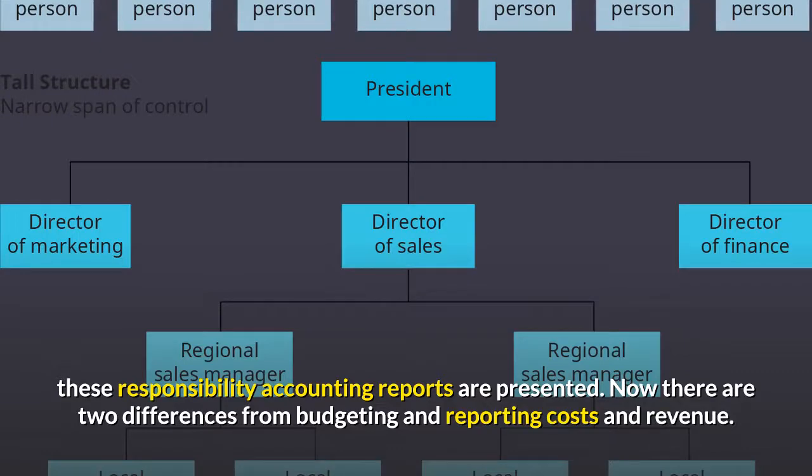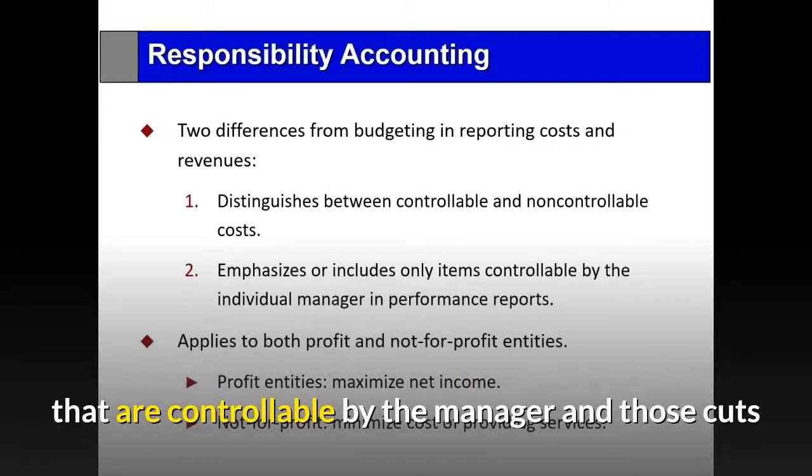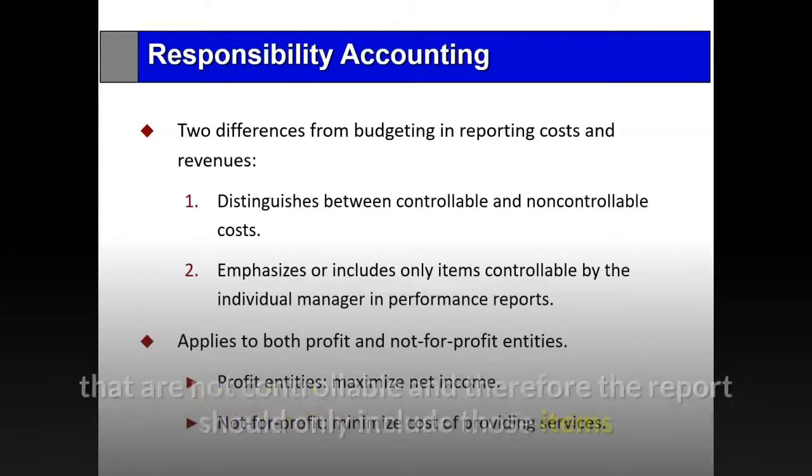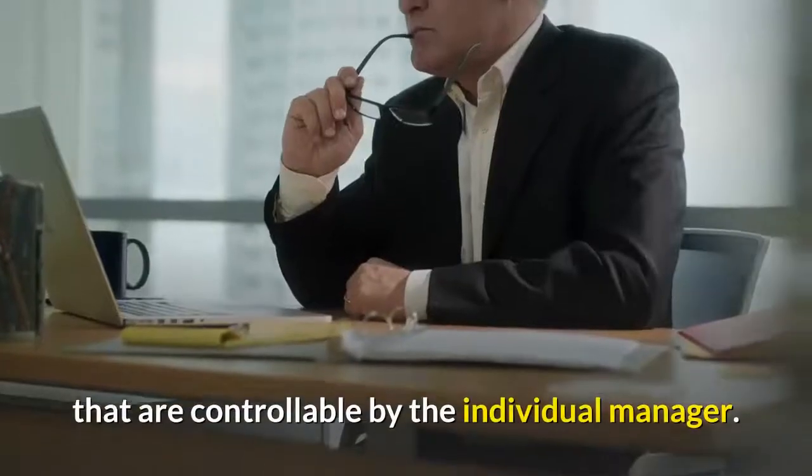Now, there are 2 differences from budgeting and reporting costs and revenue. First of all, with the costs, we have to distinguish between those costs that are controllable by the manager and those costs that are not controllable. And therefore, the report should only include those items that are controllable by the individual manager.